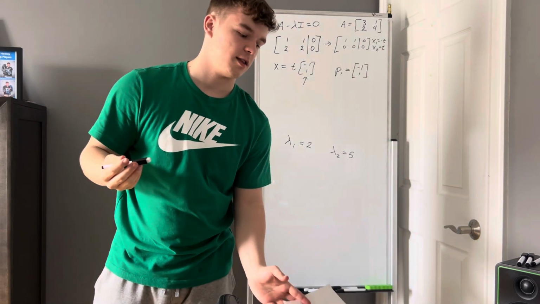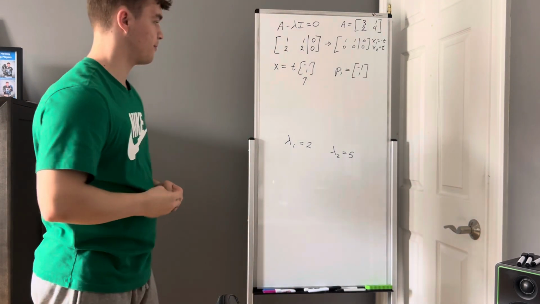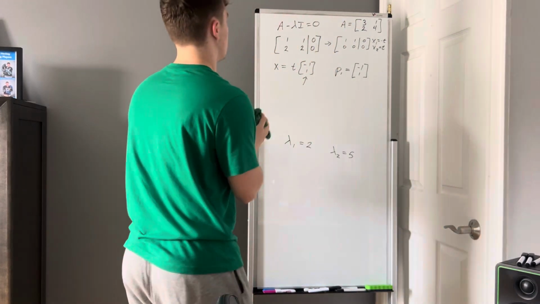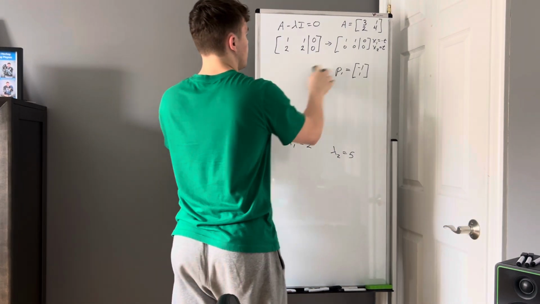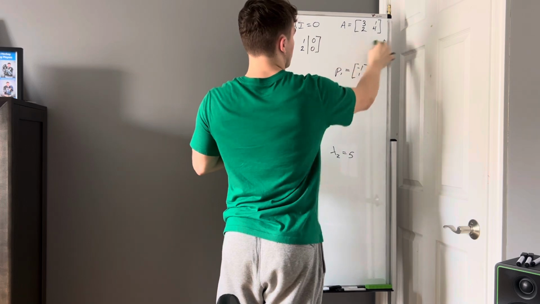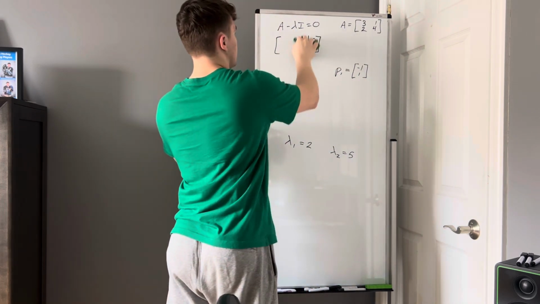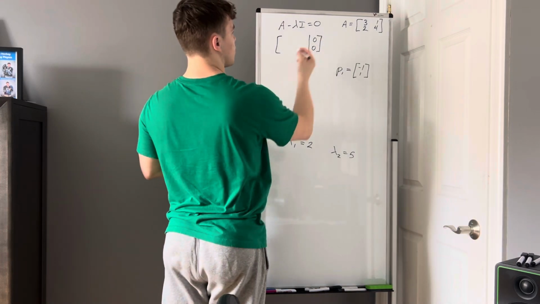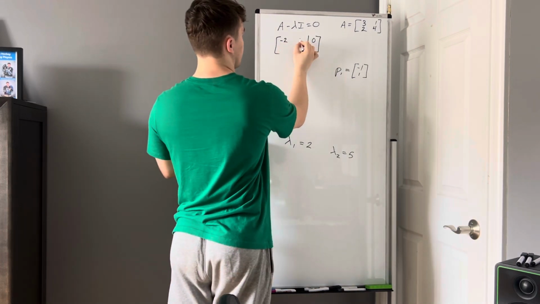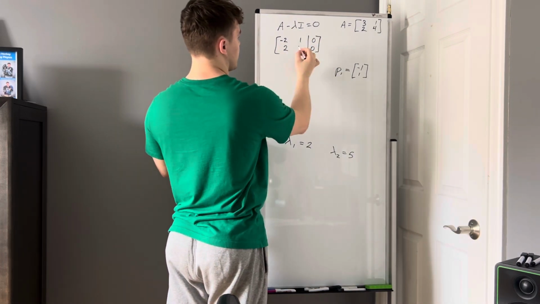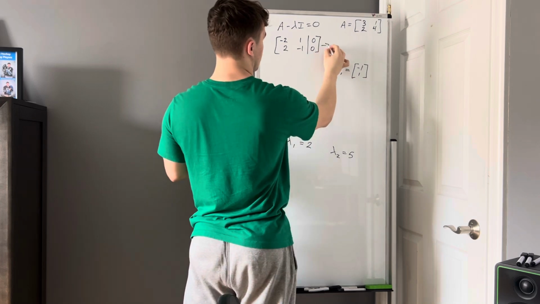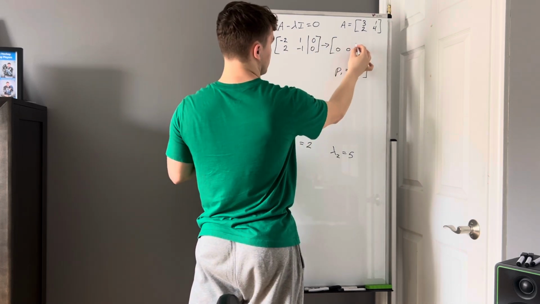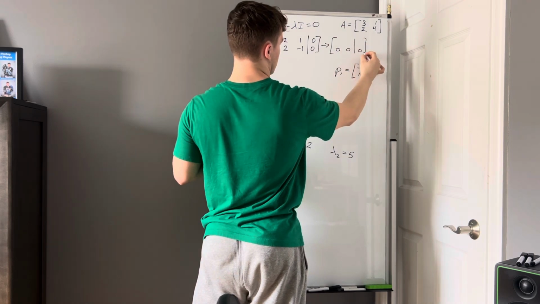Now let's find the second eigenvector. Well, we're going to do the same thing, except this time we're going to subtract the second eigenvalue, which is 5. 3 minus 5 is minus 2. 4 minus 5 is minus 1. We're once again going to get a row of zeros. You should always get a row of zeros.